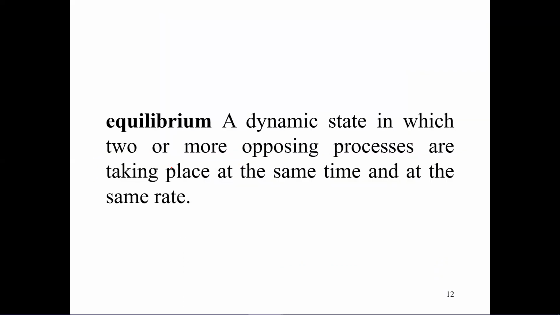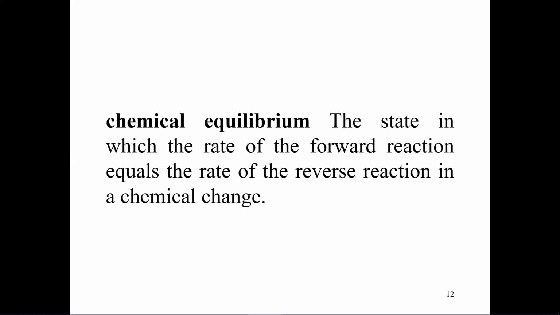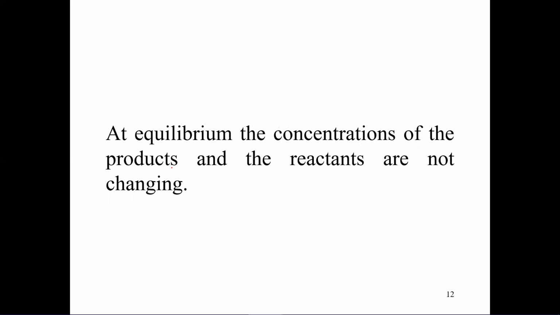Now, chemical equilibrium is a dynamic state in which two or more opposing processes are taking place at the same time and at the same rate. Chemical equilibrium is the state in which the rate of the forward reaction equals the rate of the reverse reaction in a chemical change. At equilibrium, the concentrations of the products and the reactants are not changing. They're continuing to go back and forth across this little hump.